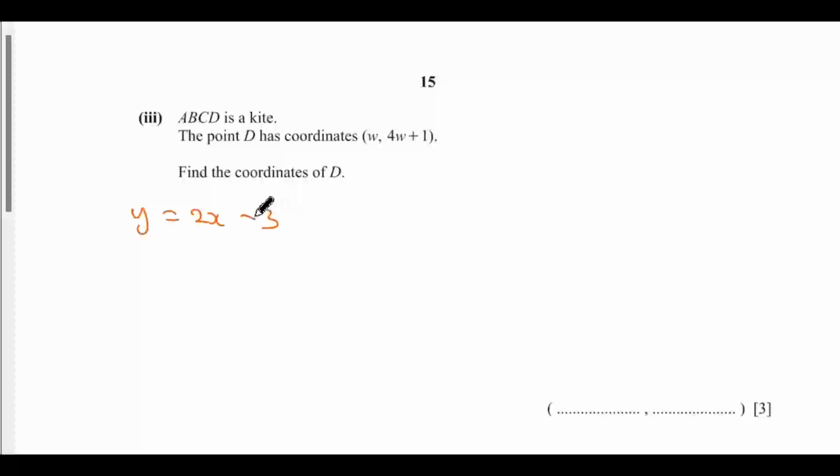We just found that. So since this coordinate and this equation pass through this point, we can substitute there. We can have 4w plus 1 equals 2 into w minus 3.